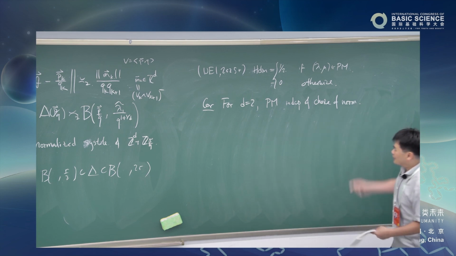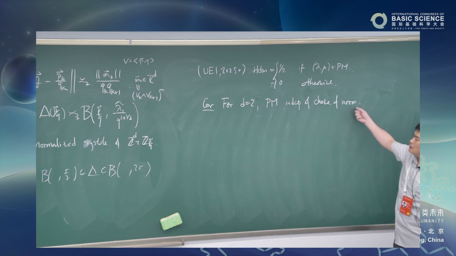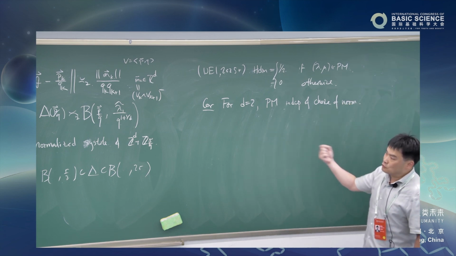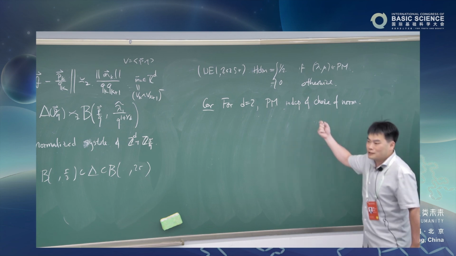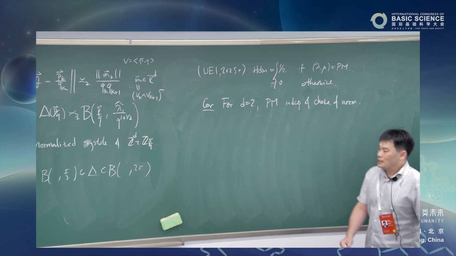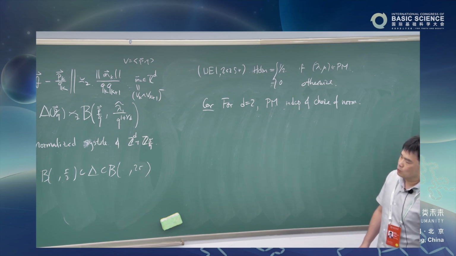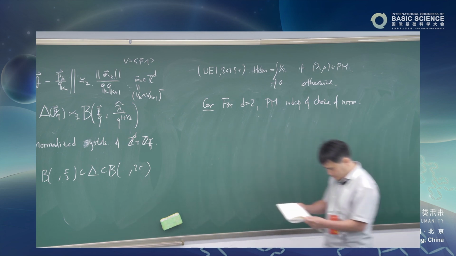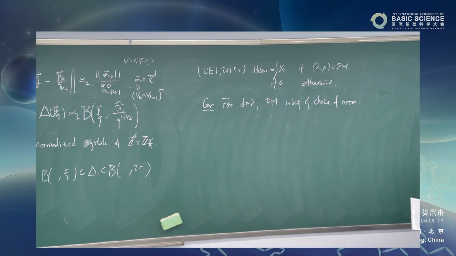Okay, so we get as a corollary that it is independent of the choice of norm. We do not know if the Perez Marco condition in dimensions 3 or higher is independent of the choice of norm. We really need ergodic theory to get this corollary. In fact, even in one dimension, it is independent of the choice of norm, of course.